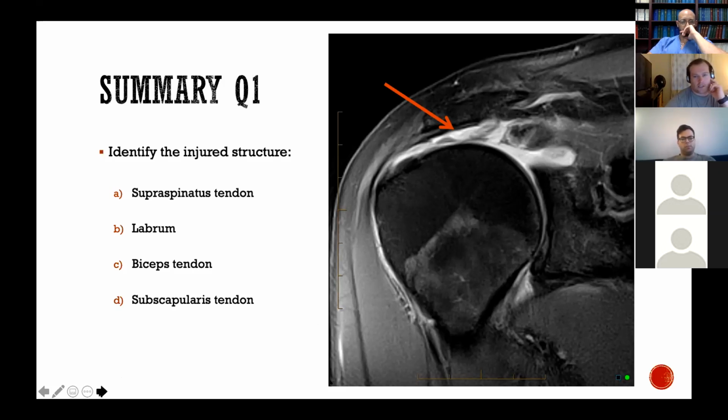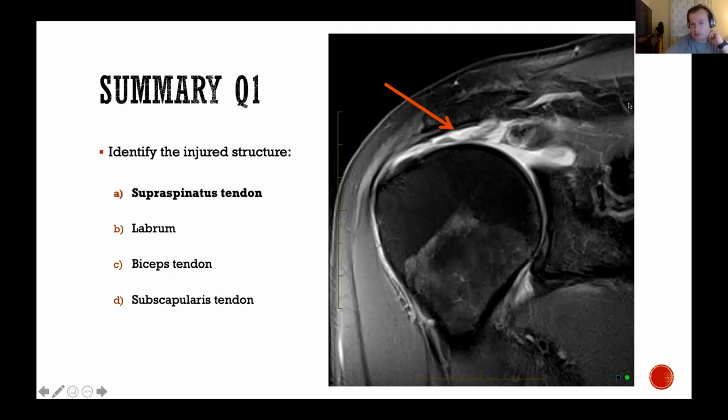Okay, yep. So we're looking at the supraspinatus tendon. This is an example showing you the progression of the rotator cuff arthropathy, where the tendon that you'd expect to see as a dark black structure attaching to the greater tuberosity is no longer there. You do see some wispy structures as well as the supraspinatus over here superiorly.